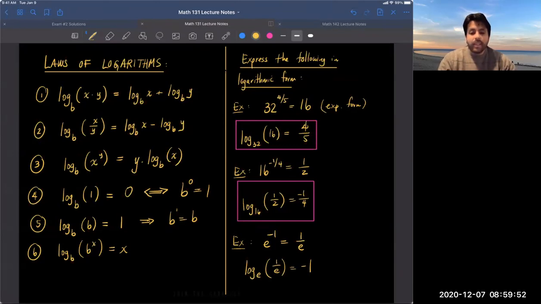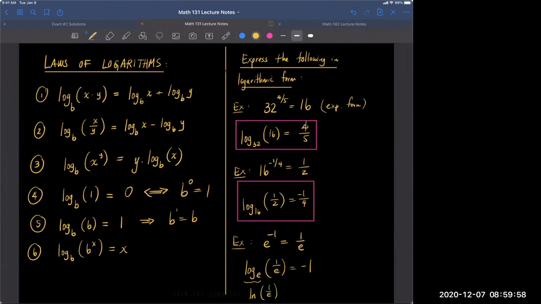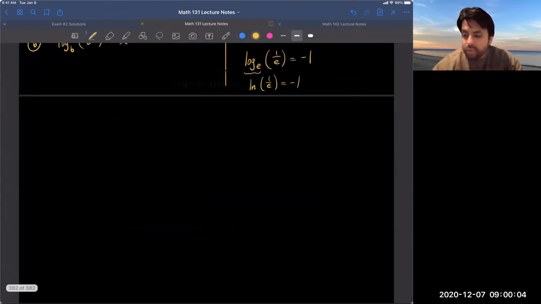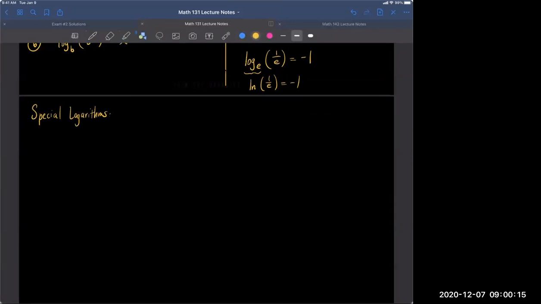But we don't say log e, right? Santiago, we say ln. So we rewrite this and say ln of 1 over e. I knew it was something different. So these are the special logs, okay? Special logarithms are based upon their base.